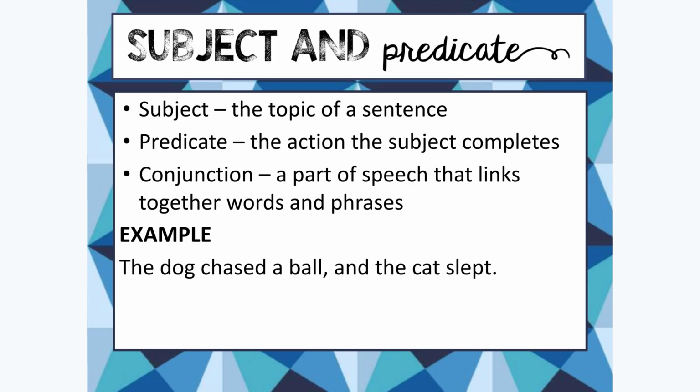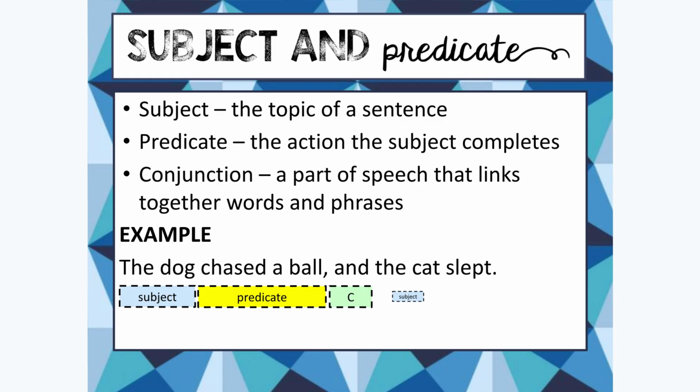So if we remember subject, predicate, conjunction: the dog chased the ball and the cat slept. This is a compound sentence. We have two subjects doing two different things, and they're connected by a conjunction.